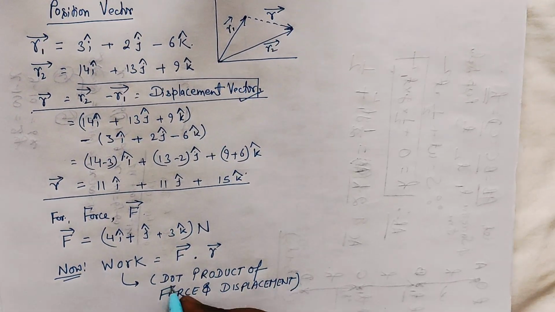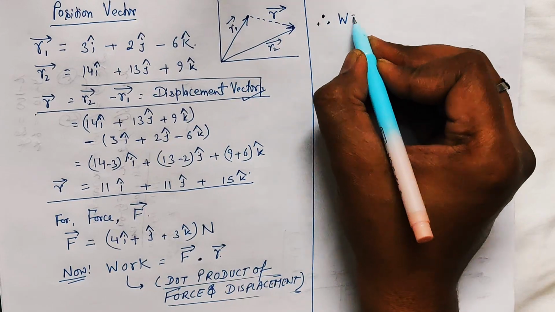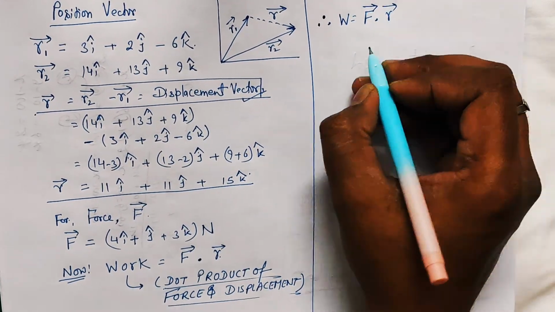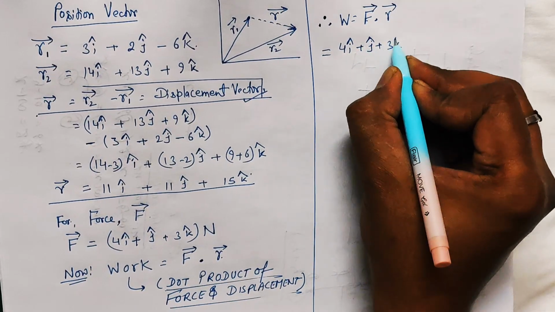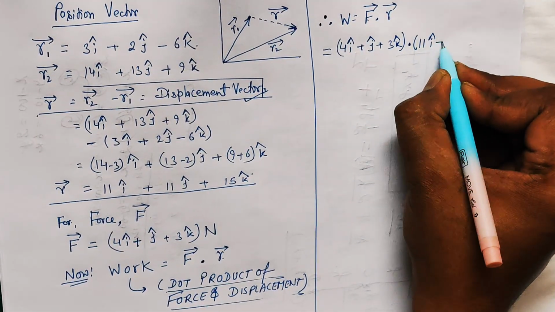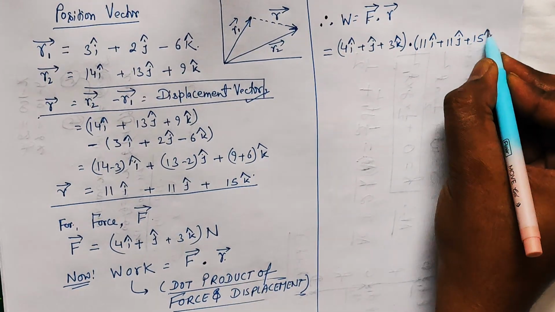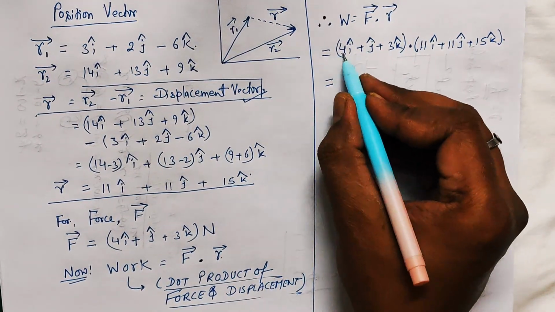Now just put the values of force F and the displacement vector r into the formula, that is, F dot r. So just put the values. What we get, you can see, is a dot product.